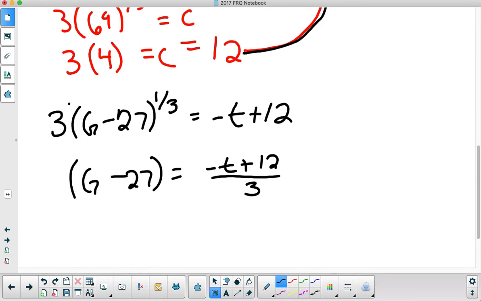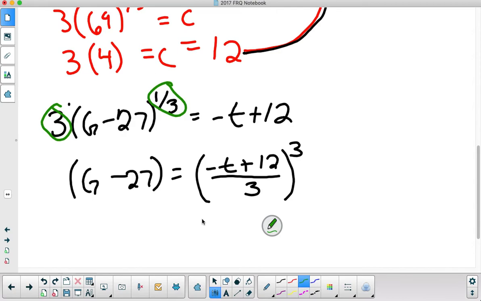So we got rid of this 3 here. But then, to get rid of my cube root, the 1/3, I just cubed both sides, so raise them to the 3rd power. So I got rid of this 3 by dividing by 3, and then I got rid of the 1/3 by cubing. So that's this 3 and this 3 here.